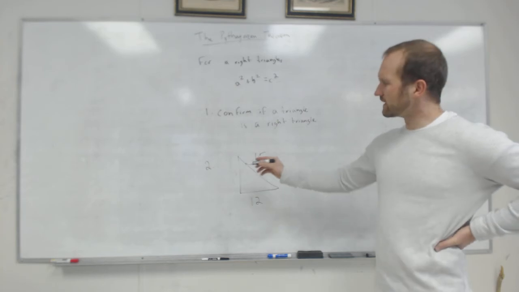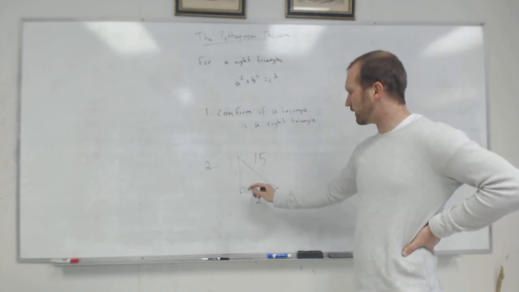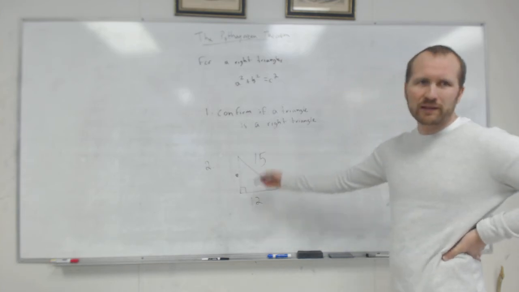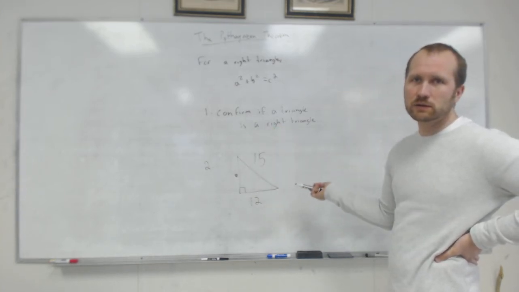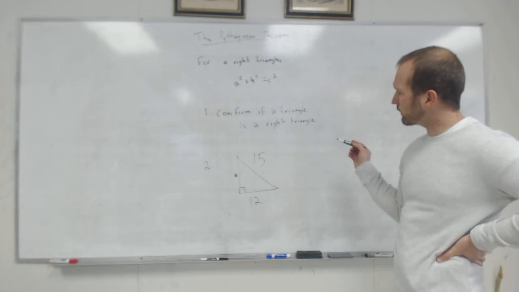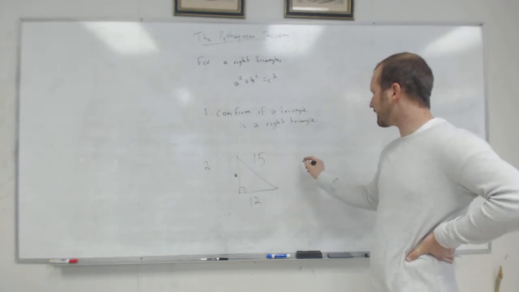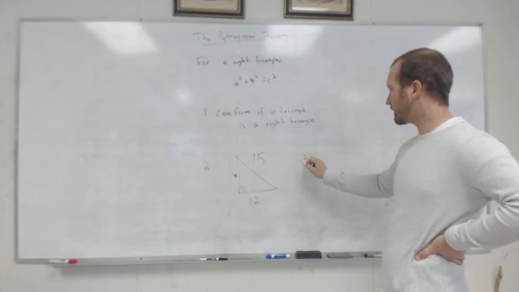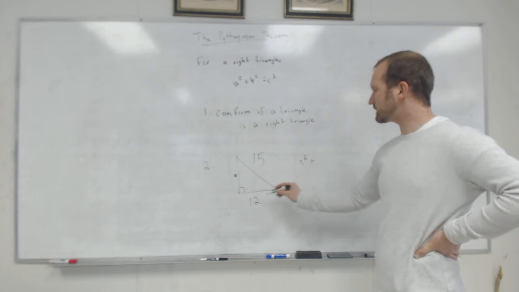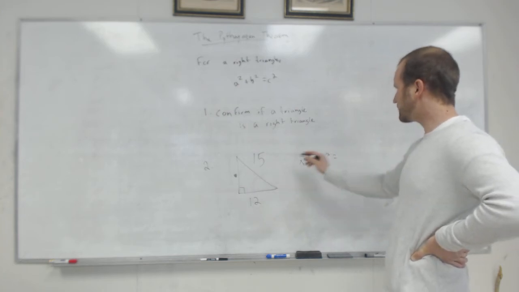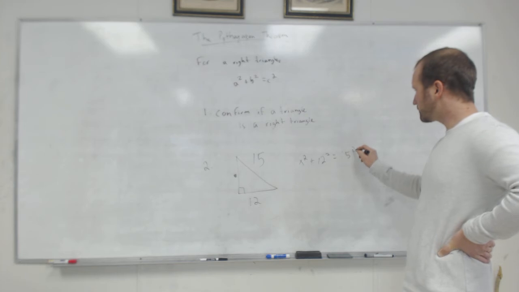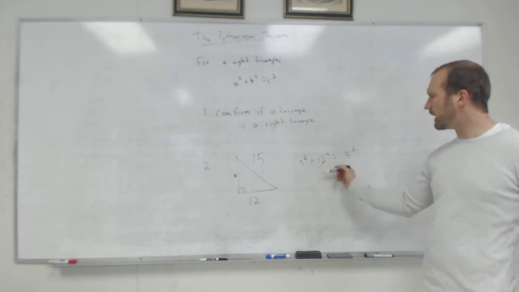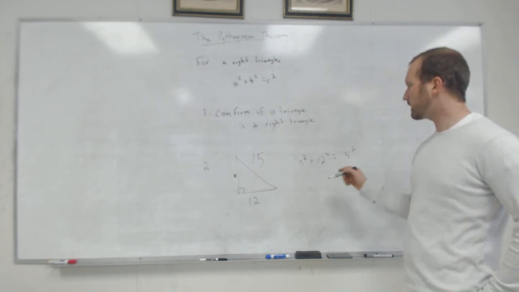If this is a right triangle, and we're looking for one of the legs, not the hypotenuse, then what we know is that this side, let's call it a squared, or we could even call it x squared, doesn't really matter, plus this side has to equal the hypotenuse still. So now we're going to be subtracting. We're going to do 15 squared minus 12 squared equals x squared.